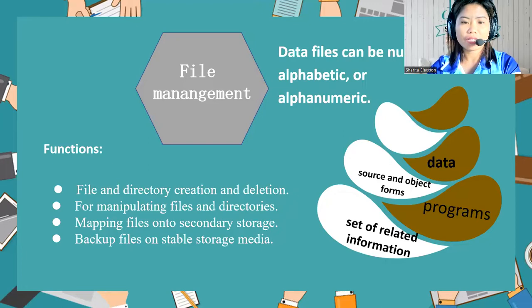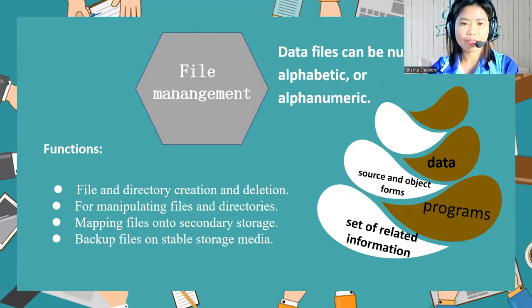File management is responsible for the directory creation and the deletion of any files, if you need to create or delete some files. It is responsible for manipulating files and directories. It also maps files into secondary storage, and backs up files on stable storage media.